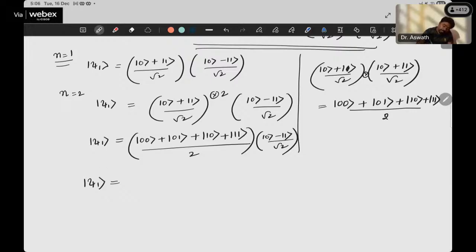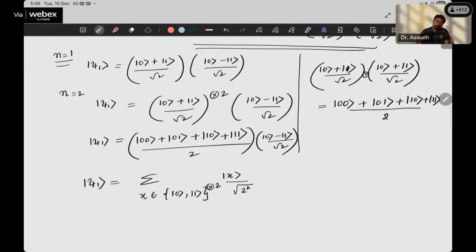What I do is, I will say there is a summation over x, where x belongs to 0 ket, 1 ket, tensor square, x ket divided by square root of 2 to the power of 2.